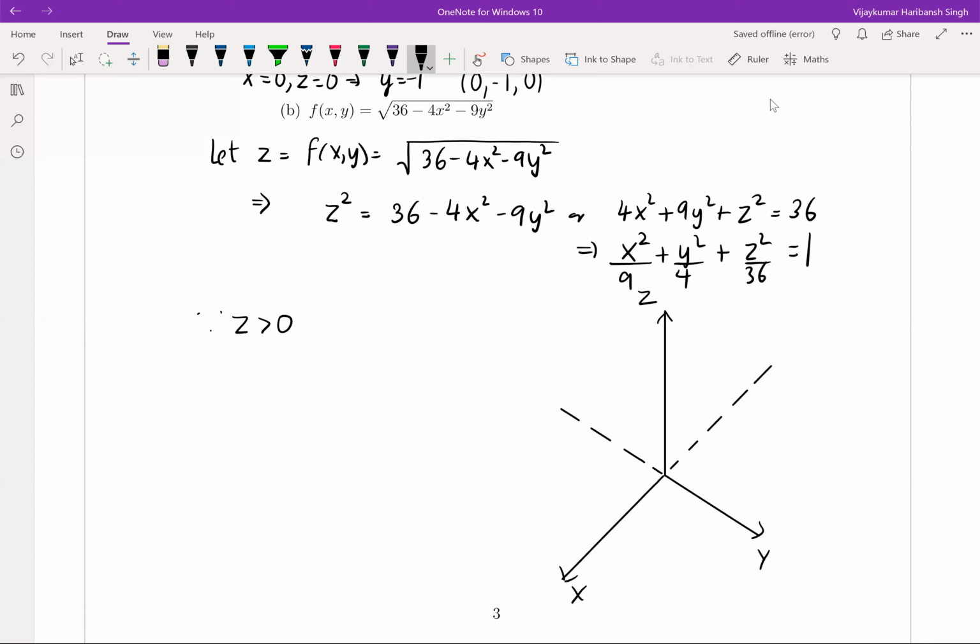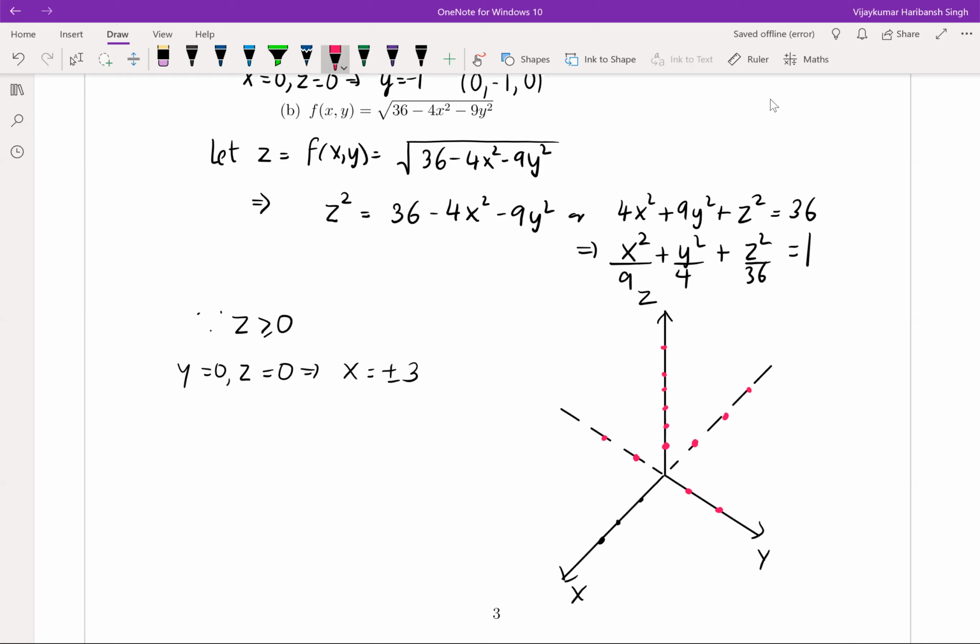Since z is greater than or equal to 0, I don't need to worry about that. When y equals 0 and z equals 0, this gives us x equals plus or minus 3. So 1, 2, 3, and similarly -1, -2, -3. For y, we have 2, and for this side, we have 2. And for z, we have 1, 2, 3, 4, 5, 6.